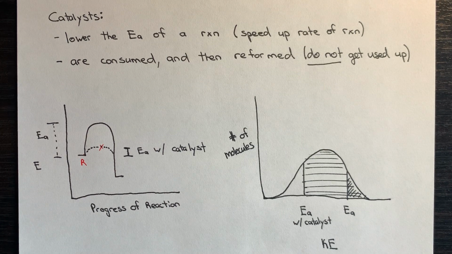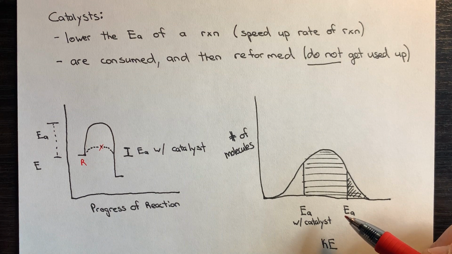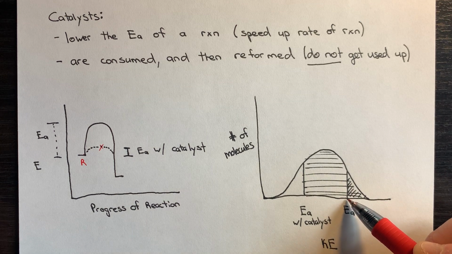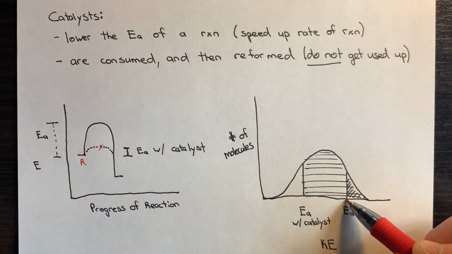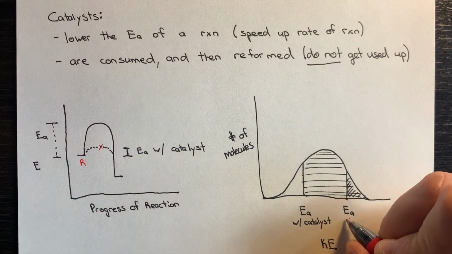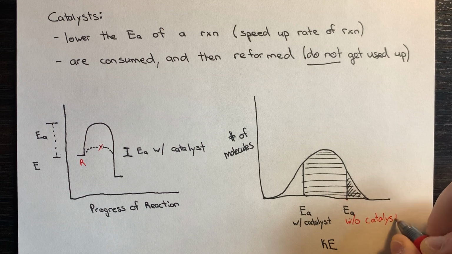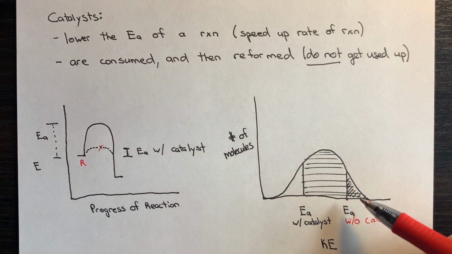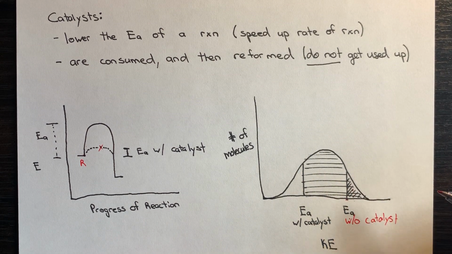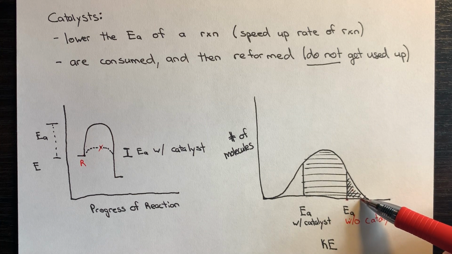Okay, and the way this manifests in our kinetic energy distribution curves, or what's called a Maxwell-Boltzmann distribution curve, is that if we were to plot our activation energy without a catalyst, we find that under the curve, only a small subset of molecules actually have sufficient kinetic energy to overcome the activation energy.